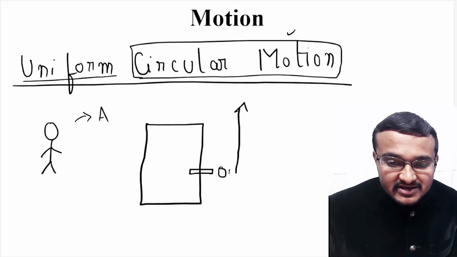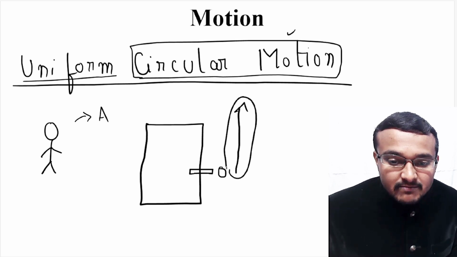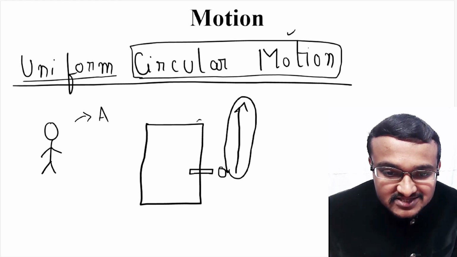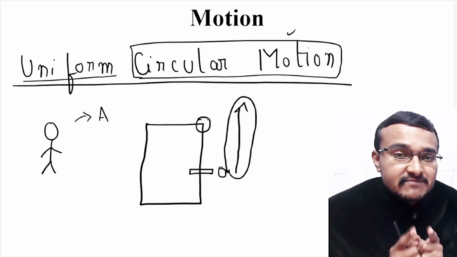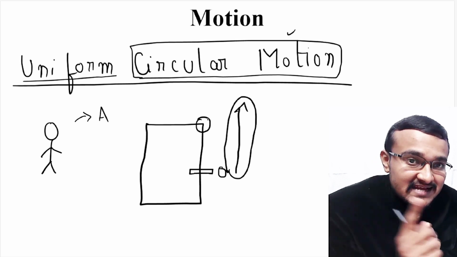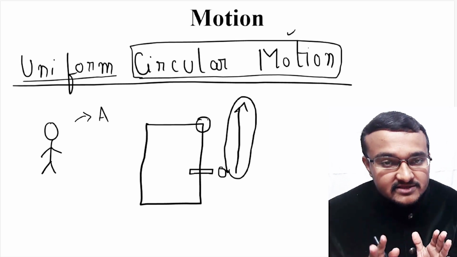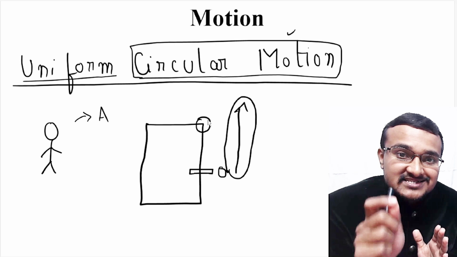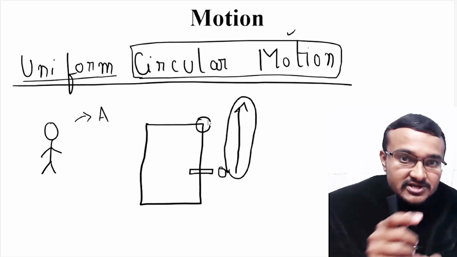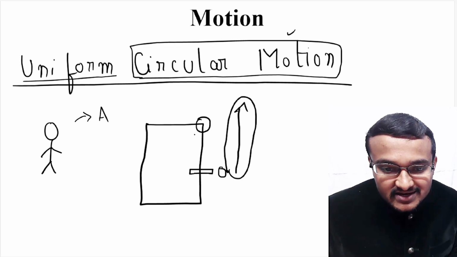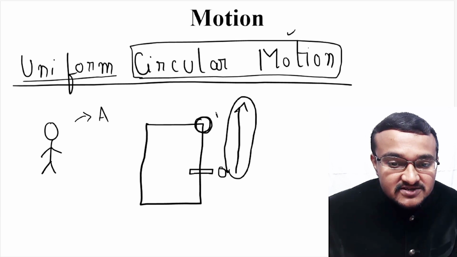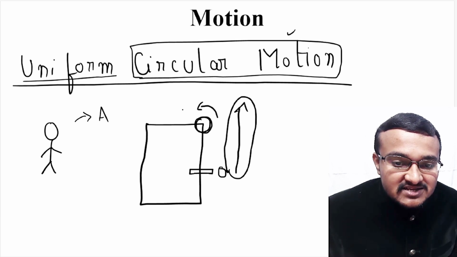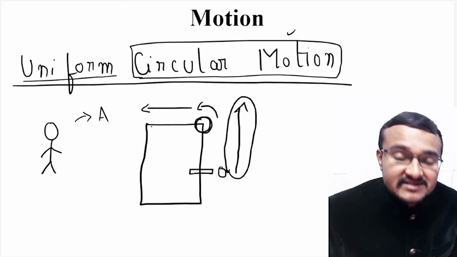Initially he will be running in this direction, but as soon as he reaches this position, if we keep following the same direction, then he cannot trace that rectangular path. So he has to change his direction at that position, and again follow a straight direction. Again at this point, he has to change his direction and run straight.